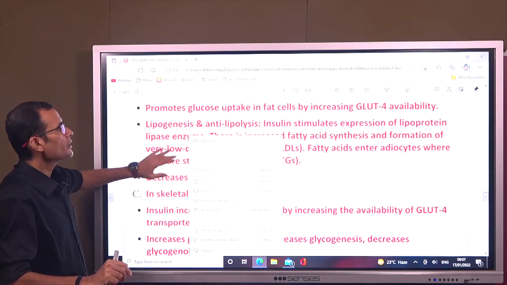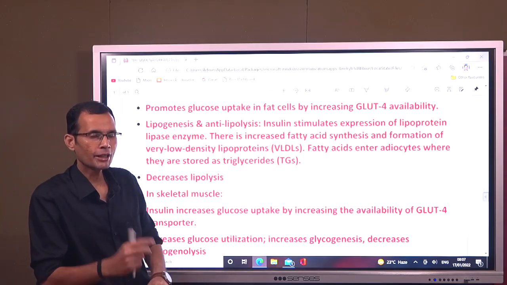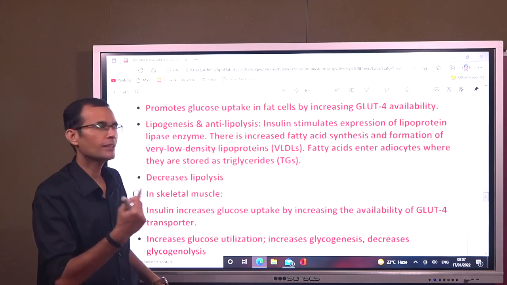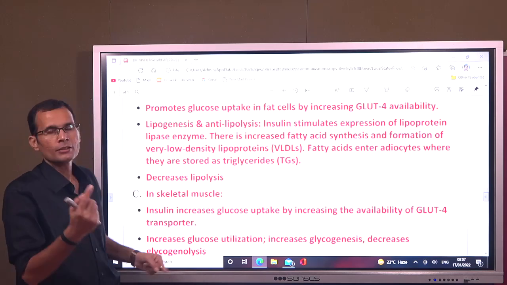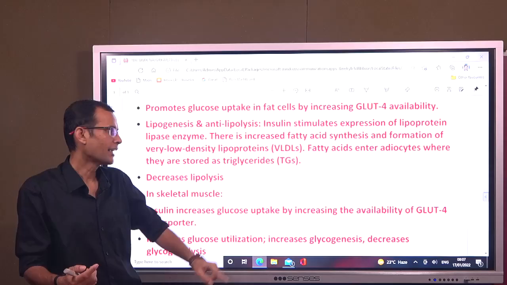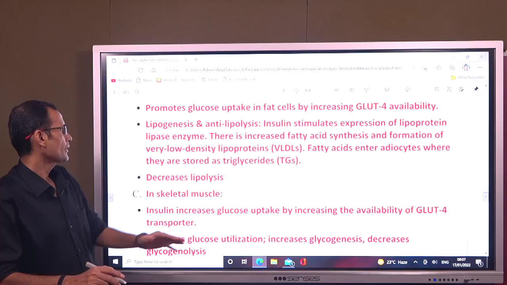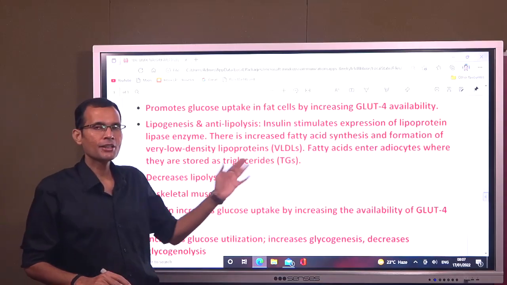Insulin stimulates the expression of lipoprotein lipase enzyme. Look, in the fat cell, the capillaries will have this lipoprotein lipase enzyme, and therefore increased fatty acid synthesis and formation of VLDLs.